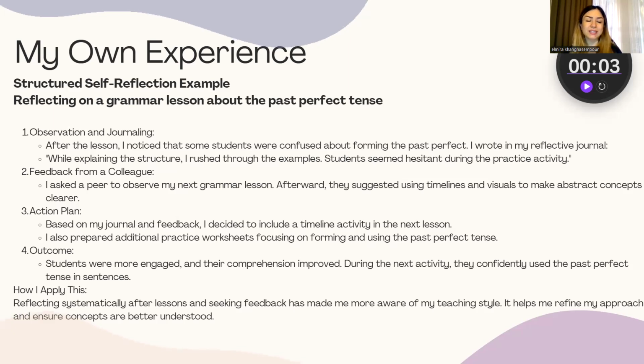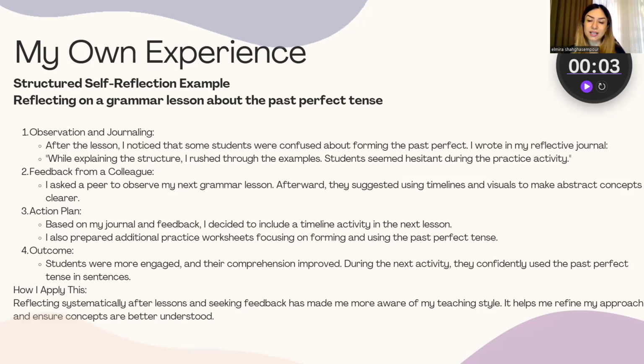And what I did is, based on my journal and feedback, I decided to include a timeline in the next class. And I prepared some other worksheets that focused on form and the usage of it in real life. And the students seemed more engaged because I decided to have more interactive activities as well.